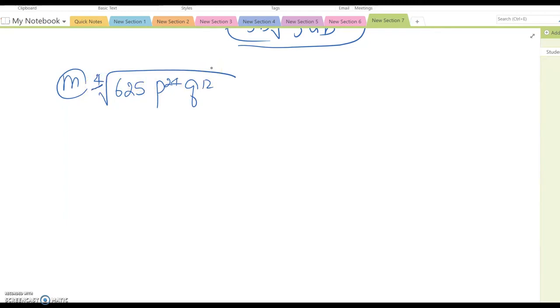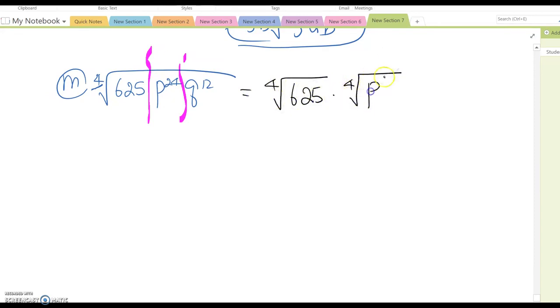So let's break each case. So we can rewrite the fourth root of 625, fourth root of p24, fourth root of q12. Now simplify each number and then variables.